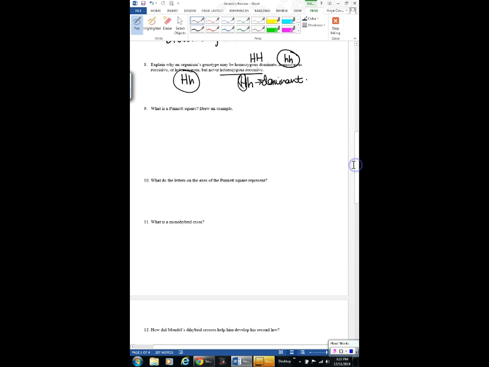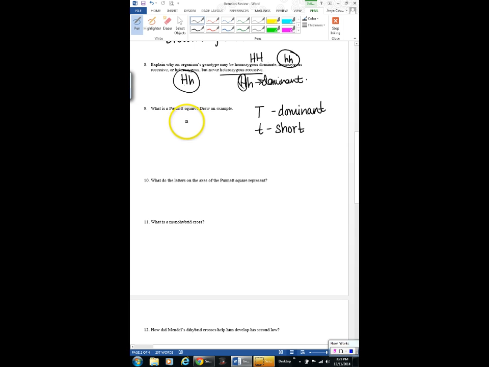All right, Punnett square. So we already kind of did one of these, but let's do another one. Let's do one for tall and short. So big T is going to be dominant, and little t is going to be short. Okay, obviously the combination of these two is going to be dominant.